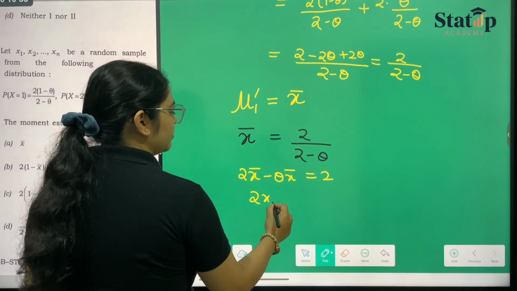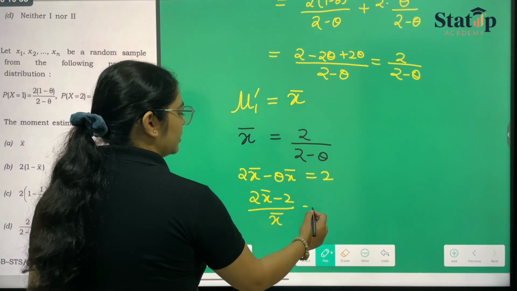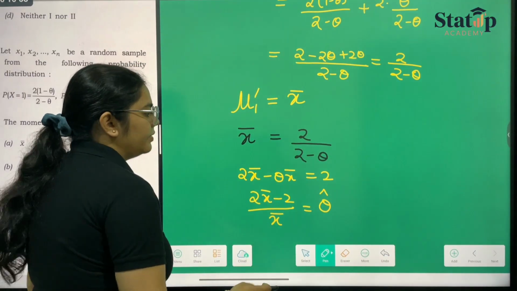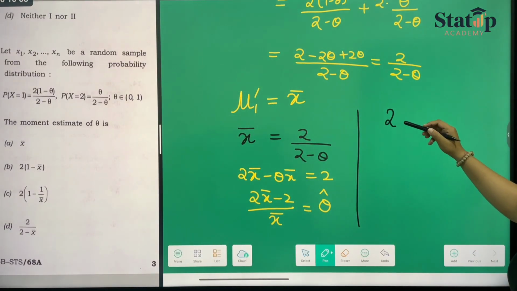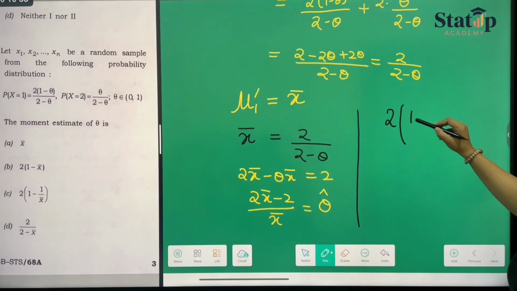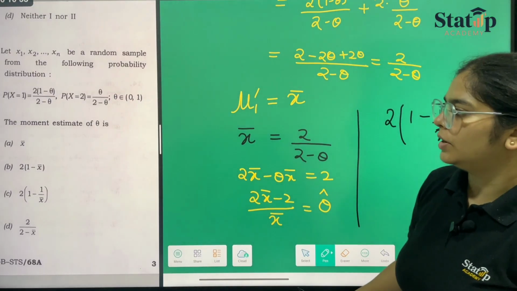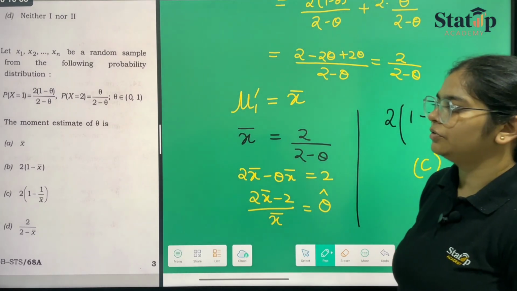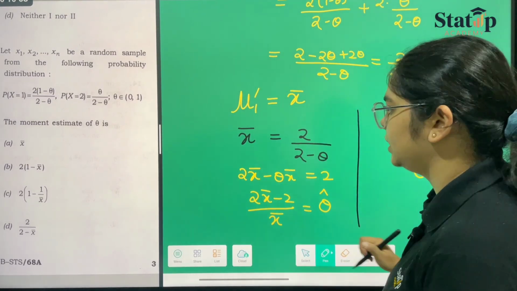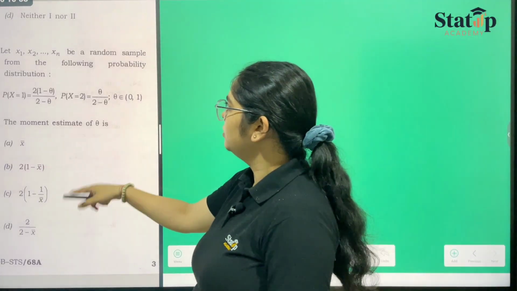So 2 x bar minus 2 upon x bar is equal to theta cap. And on further solving, we get the answer as 2(1 minus 1 upon x bar) is equal to theta cap. So hence our option number C is the correct option for this question. The final value of theta cap is 2(1 minus 1 upon x bar). I hope that it was clear. It was an easy one.